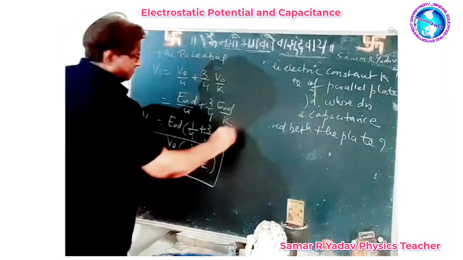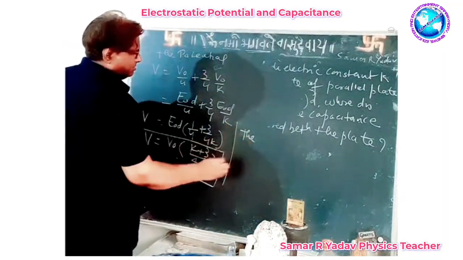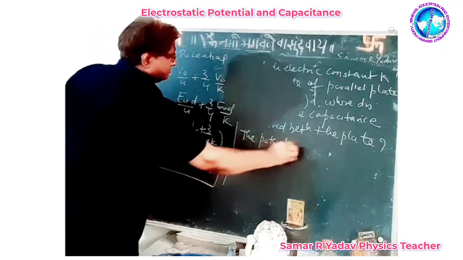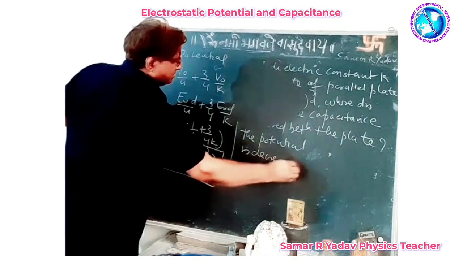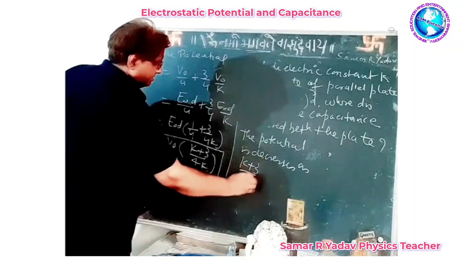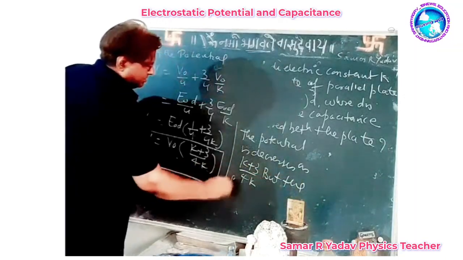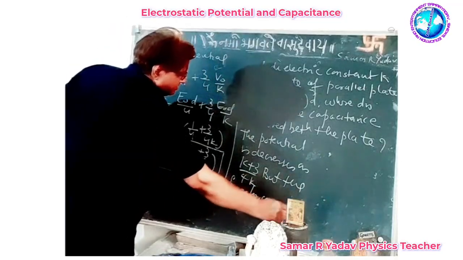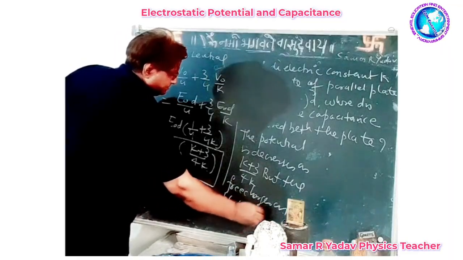Now here the potential decreases by the factor K plus 3 upon 4K, but the free charges on the plate remain the same.